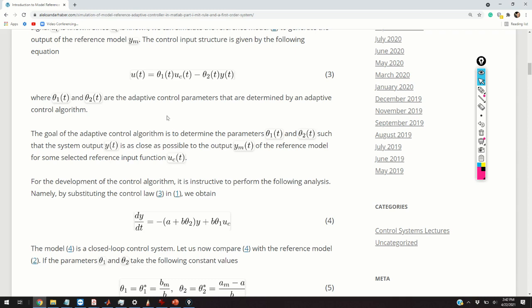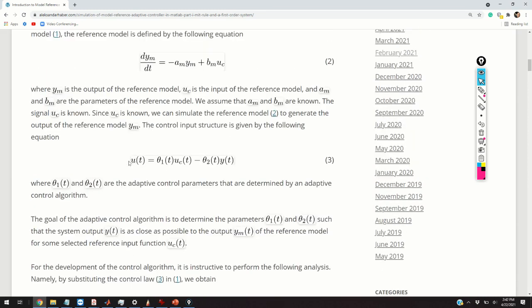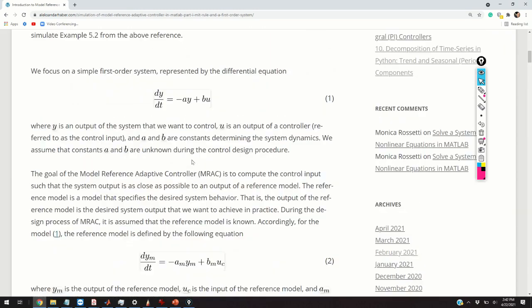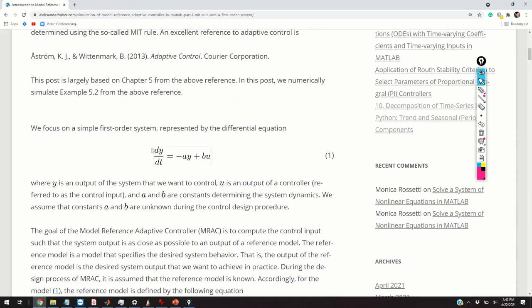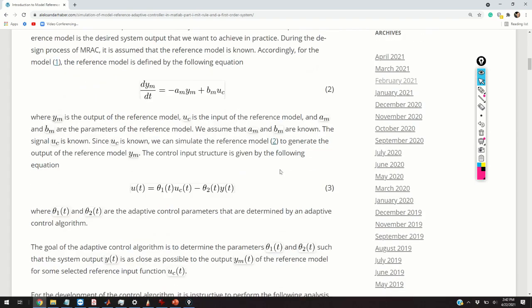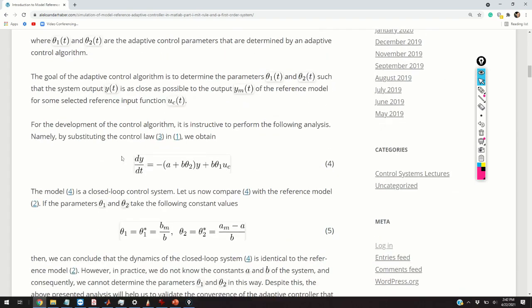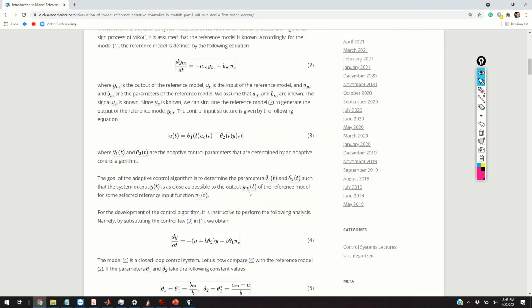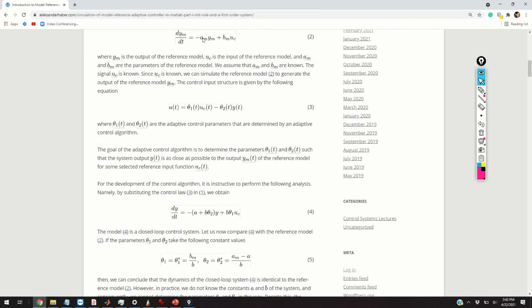Well, the first step that you need to take is to substitute this control algorithm in the system dynamics. So if we substitute equation 3 in equation 1, at the end we will obtain the closed loop system 4. Now, let us analyze and compare the closed loop system 4 with equation 2 that specifies our reference model. What do we see here immediately?